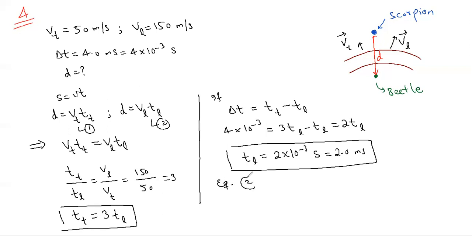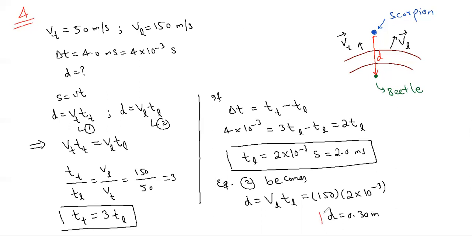So equation number two becomes d is equal to v sub l multiplied by t sub l, and v sub l is 150 multiplied by 2 multiplied by 10 to the power minus 3. So this distance will come out to be 0.3 meters.